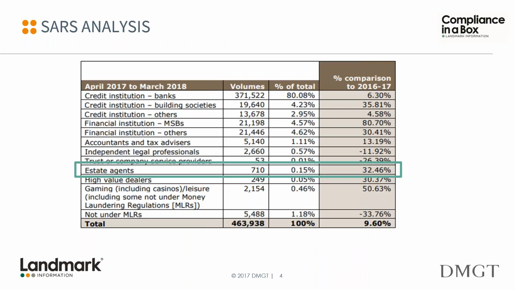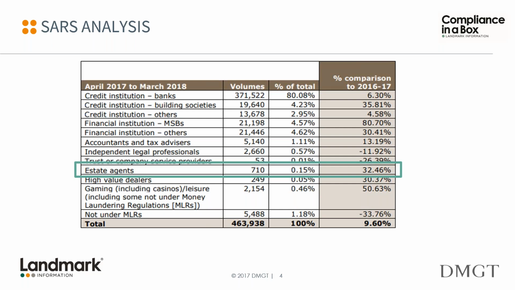Regulated entities, including estate agents, are required to submit a suspicious activity report where there is any suspicion of money laundering. In its 2018 annual report, the National Crime Agency, who are responsible for policing the UK's anti-money laundering regime, reported that of the 463,938 SARs that were submitted from April 2017 to March 2018, just 710 of those came from estate agents.